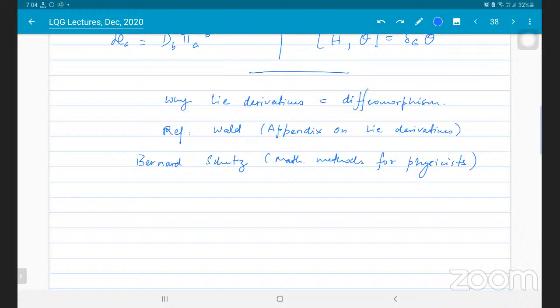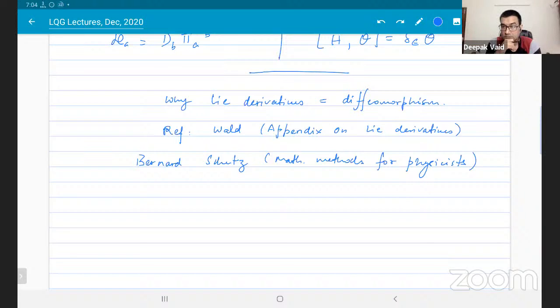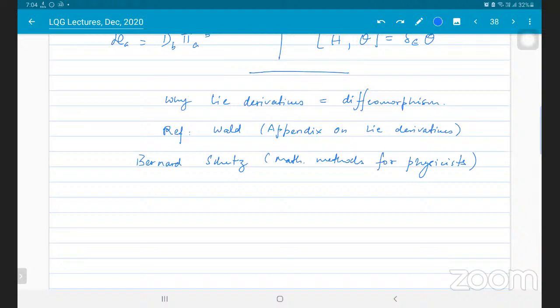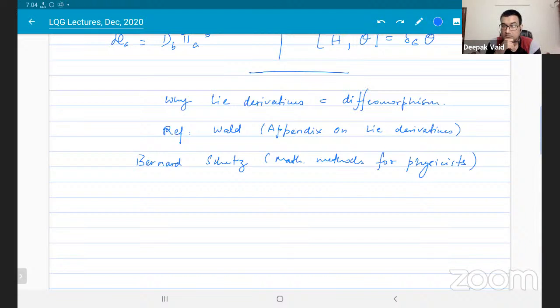I understand that a Euclidean translation is a kind of diffeomorphism, but is rotation a diffeomorphism transformation, or is it not? Rotation is also a diffeomorphism, right?